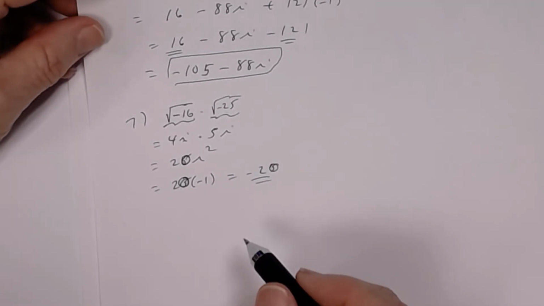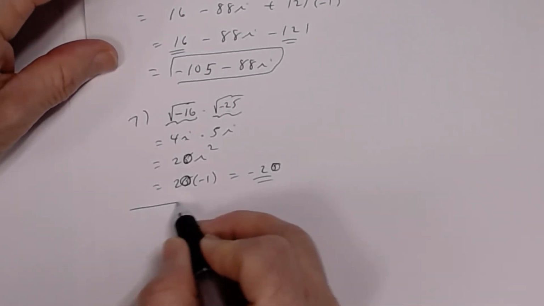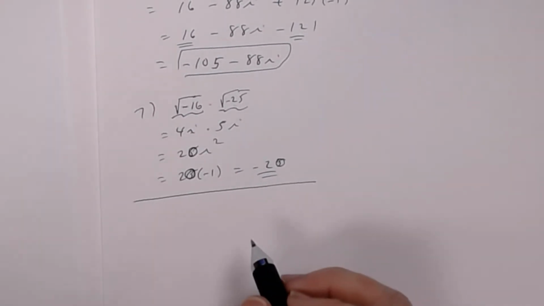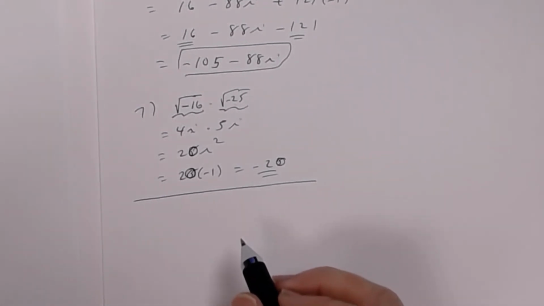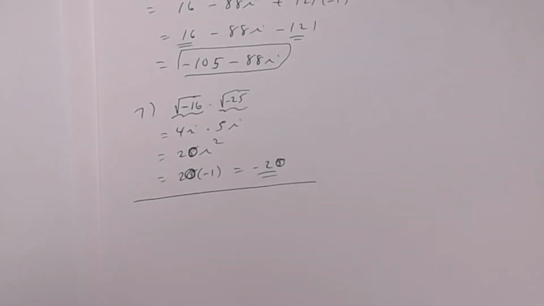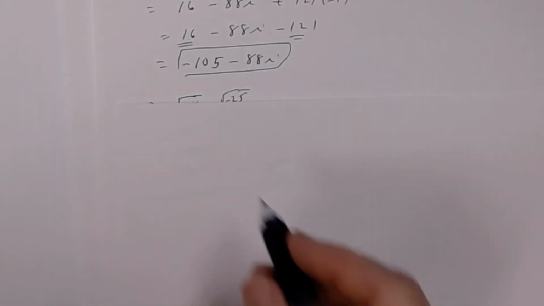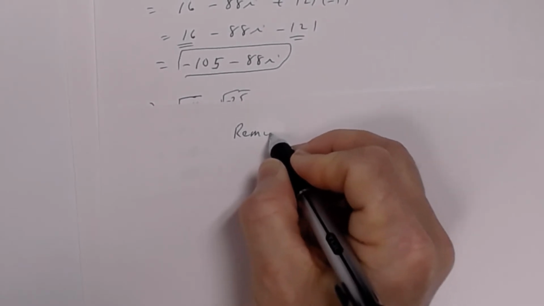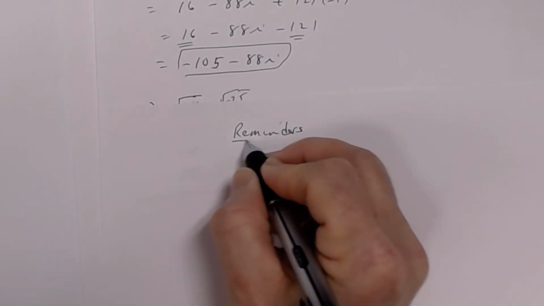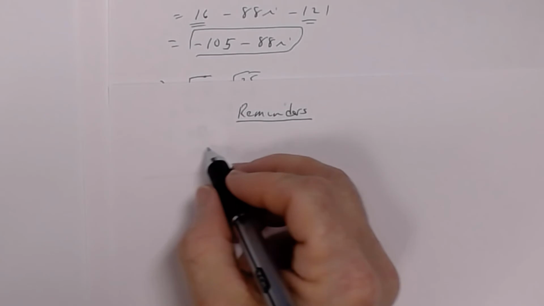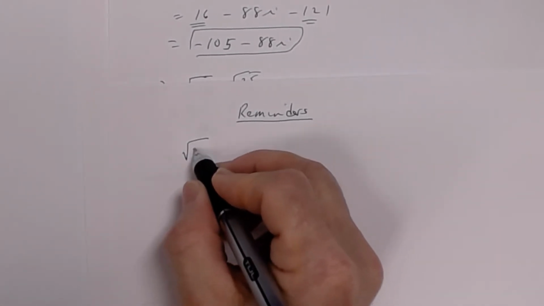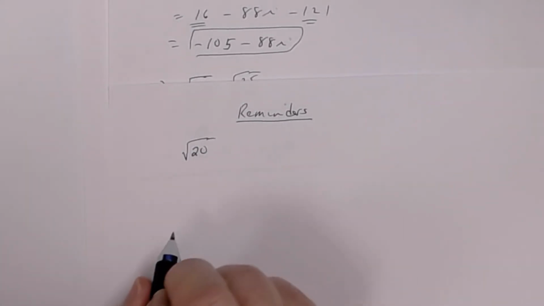Now, let's look at this for a moment. Let's remind ourselves about reducing, and I'm going to do this as a reminder. In the previous course, you had to simplify radicals.